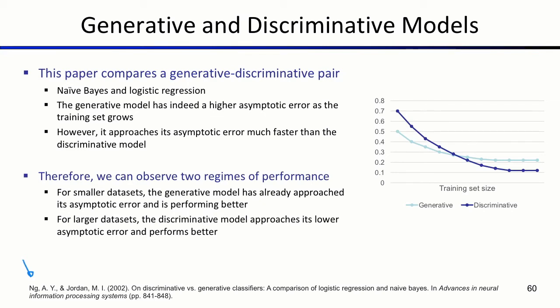The first one is that the generative model has indeed a higher asymptotic error.